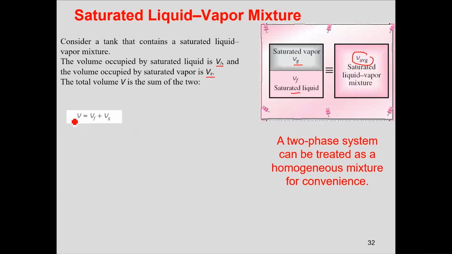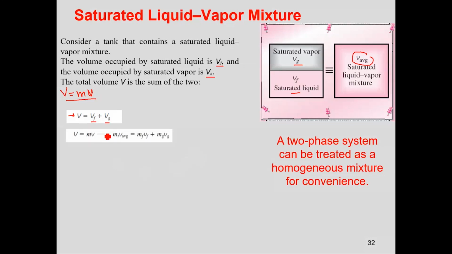That means the total volume of your system would be volume of saturated liquid plus volume of saturated vapor. I can express any volume in terms of mass multiplied by specific volume. So I'll replace these volumes with mass multiplied by specific volumes.